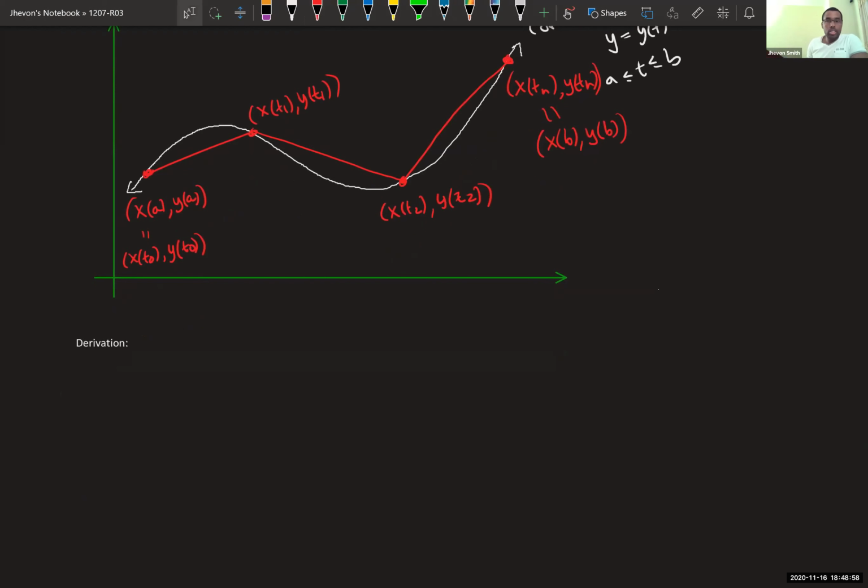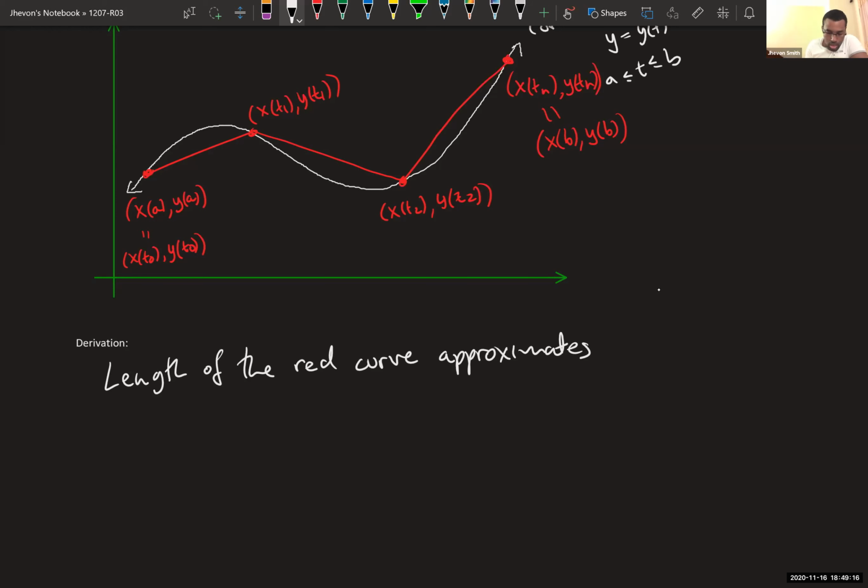And so what I can do here is notice that the length of the red curve approximates the length of the, I'm going to write black.